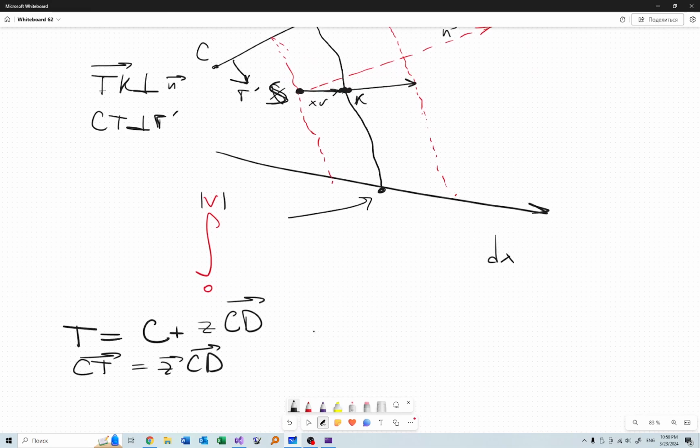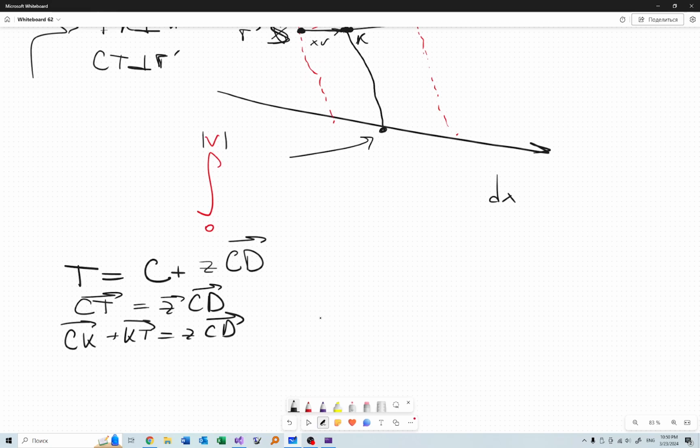Let's rewrite it as CK plus KT is ZCD. And let's multiply it by N. When we multiply it by N, we destroy KT, and we know that NCK equals Z NCD.